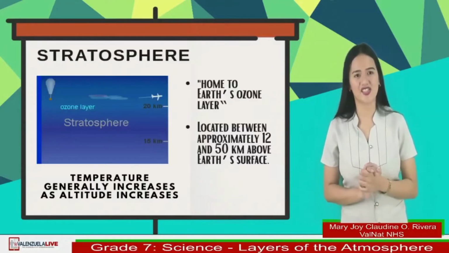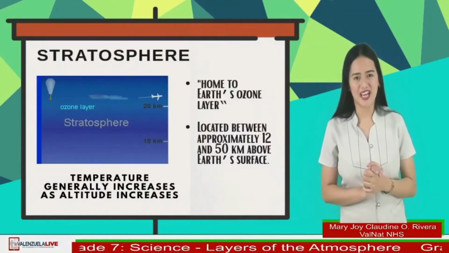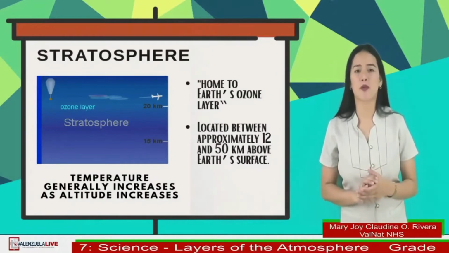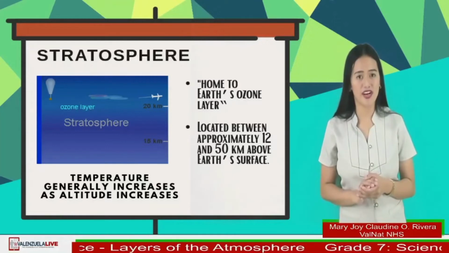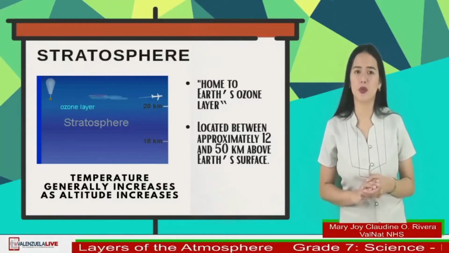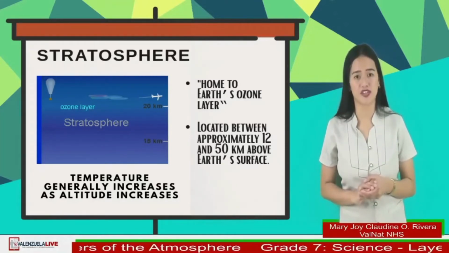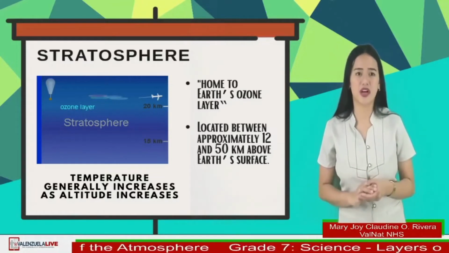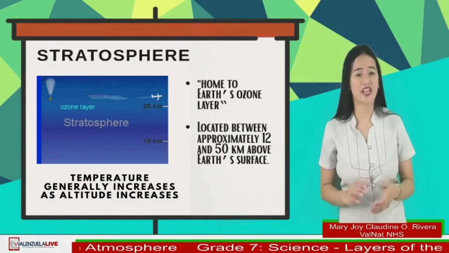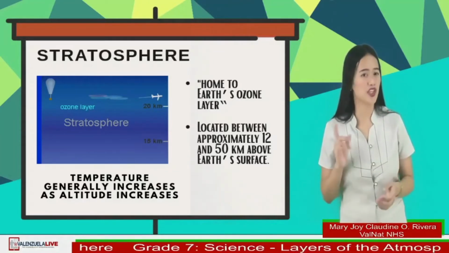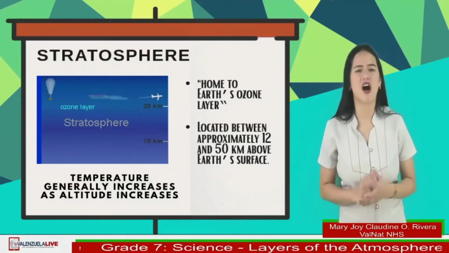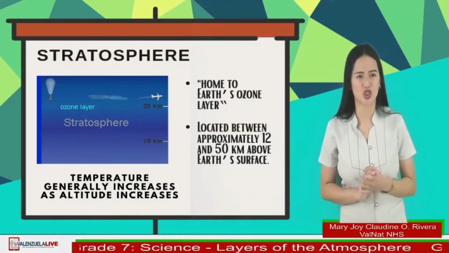Next is the stratosphere. It is located between approximately 12 and 50 kilometers, or 7.5 and 31 miles above the Earth's surface. The stratosphere is perhaps best known as home to Earth's ozone layer, which protects us from the sun's harmful ultraviolet radiation.